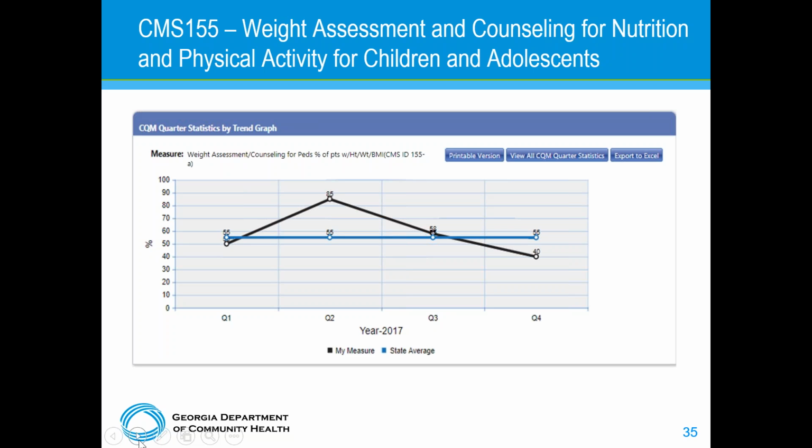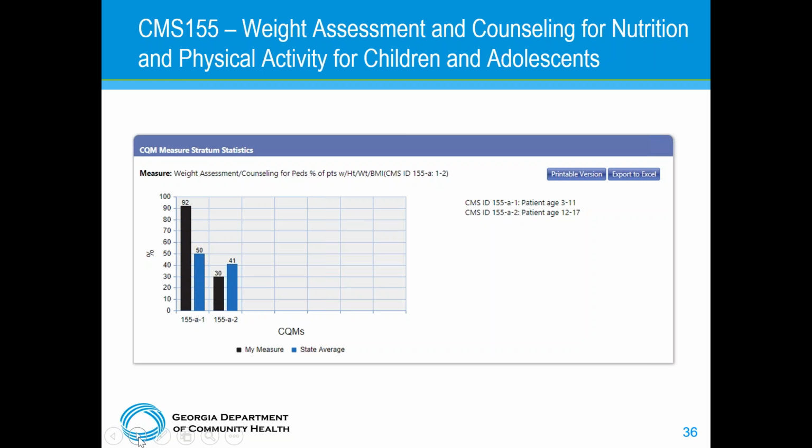I would also like to point out on the next slide that those measures that have stratification, when I click on the number or the CMS ID, a trend graph bar graph will appear for the stratification. And I can see that for the stratum 1, age 3 to 11, my stats are at 92%.